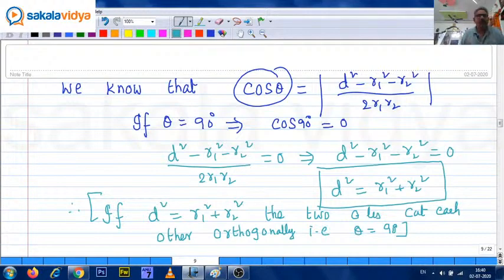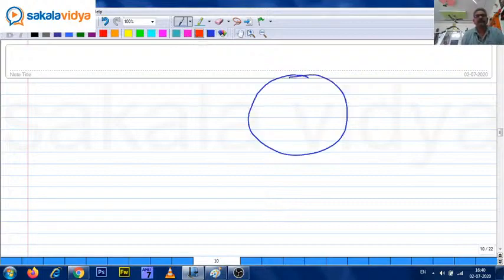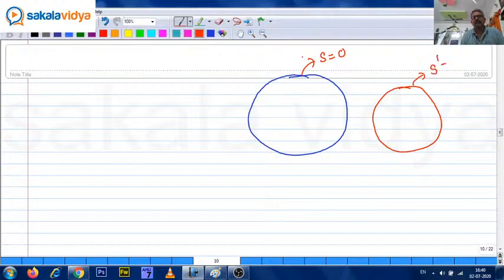Okay, now next point. For example, this is a circle, first circle. Take this as second circle. Say S is equal to 0. The equation of this circle is S, say the equation of the second circle is S dash is equal to 0.